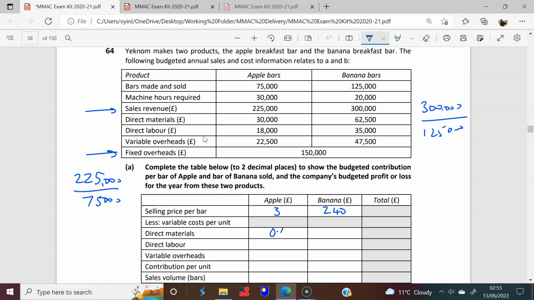Direct labor is the 18,000 divided by the 75,000, which is 24p. And then finally we have the 22,500 divided by the 75,000, and that's 30p.